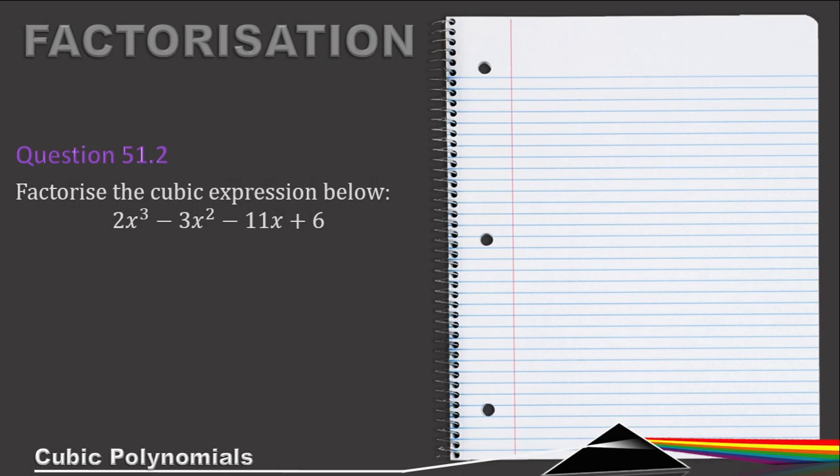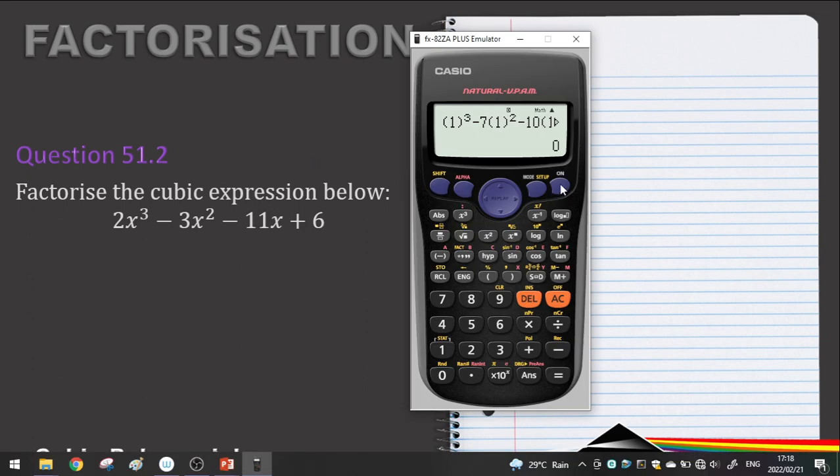Okay, now we have the second question. So once again, we have to start off by first looking for the x value that will give us a 0.